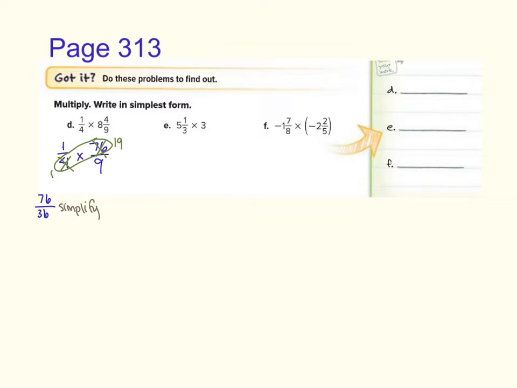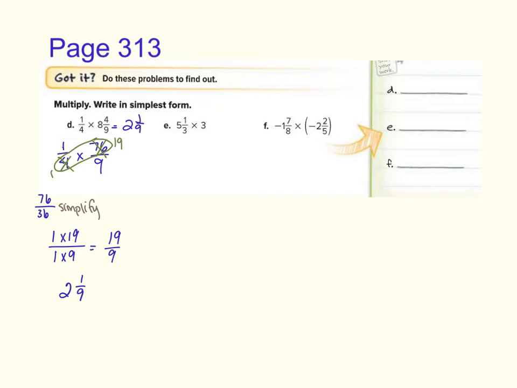So now all we're left to do is multiply 1 times 19 over 1 times 9, which is definitely easier to work with than 76 over 36. So 9 goes into 19 two times, which is 18, with 1 left over. So our answer is 2 1/9.